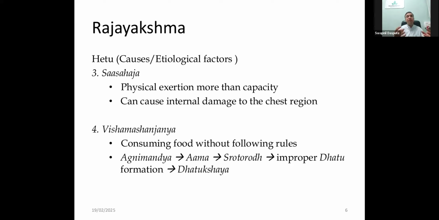So, not understanding the properties of the food, the samskara. Two things which should not be brought together or consumed together, are consumed.